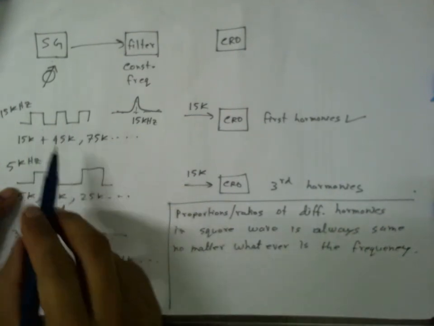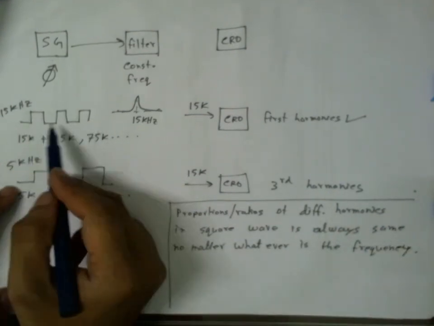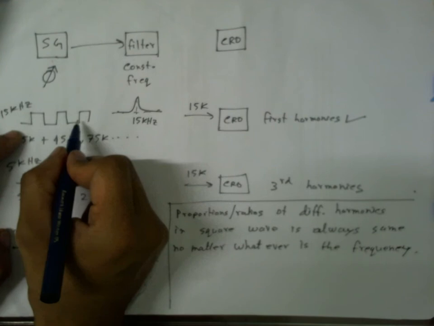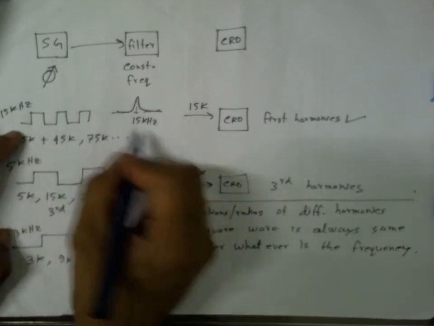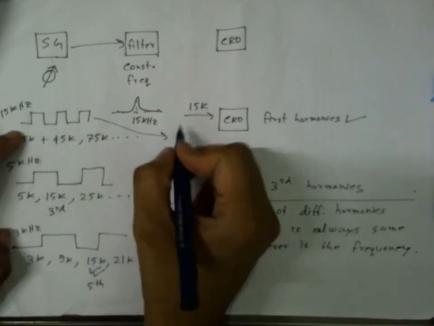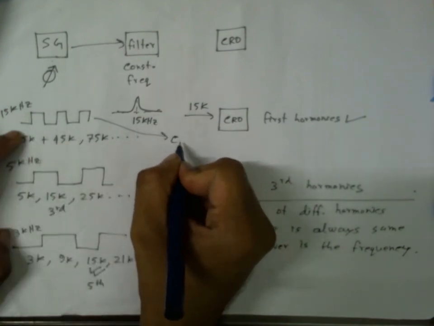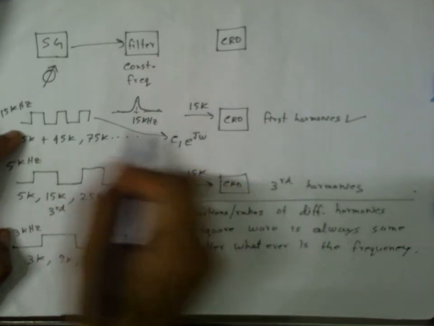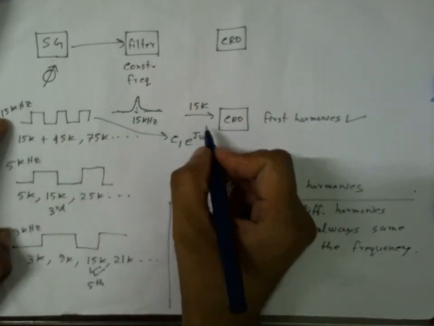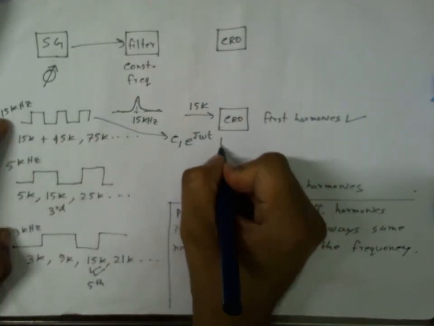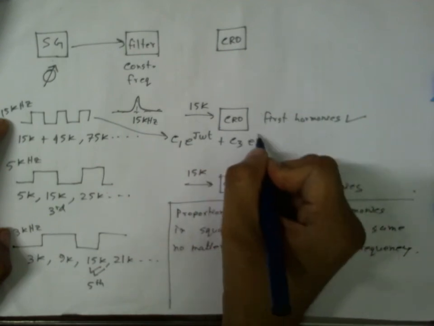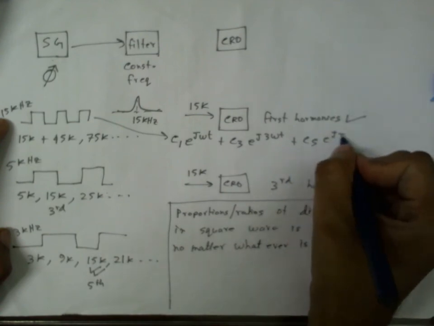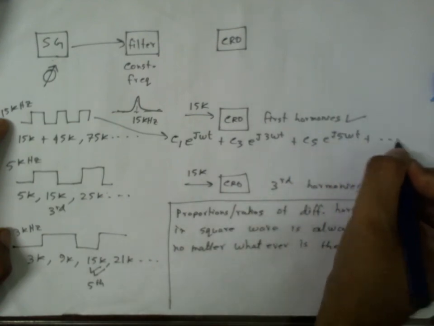What I mean by this is that if this signal has a Fourier series like, let me write it here, C1 e to the power j omega t, where omega now corresponds to 15 kilohertz, plus C3 e to the power j3 omega t, plus C5 e to the power j5 omega t, plus so on.